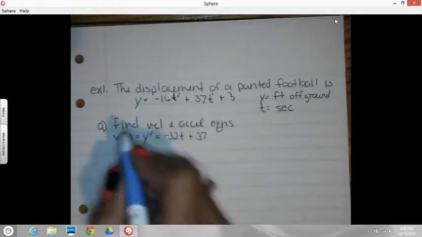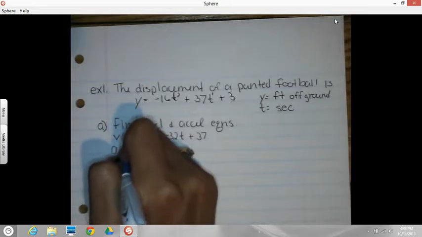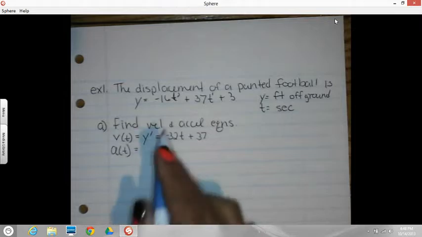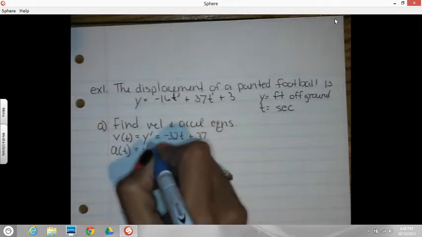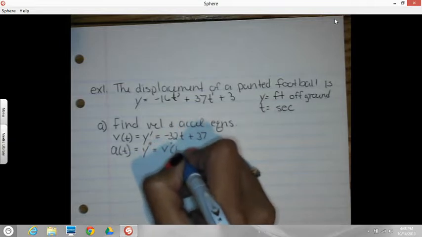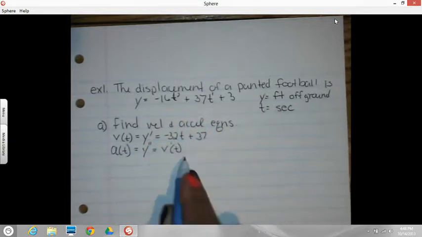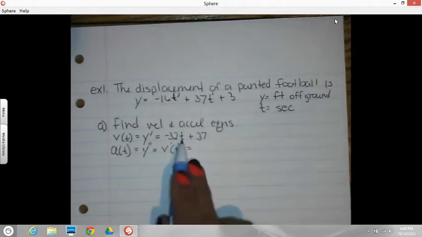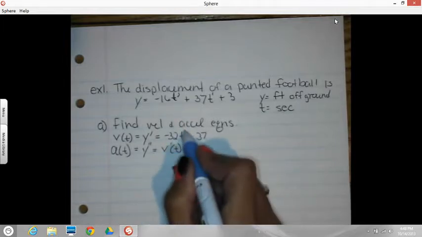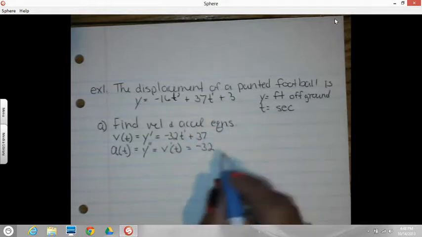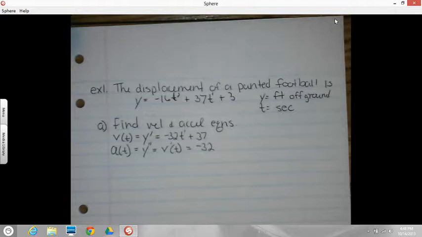Acceleration is the second derivative of y, or I could have called it the first derivative of velocity. They're all the same. You only need one of those in there. So I need to take the derivative of this one here, negative 32, and then the derivative of 37 goes to 0.